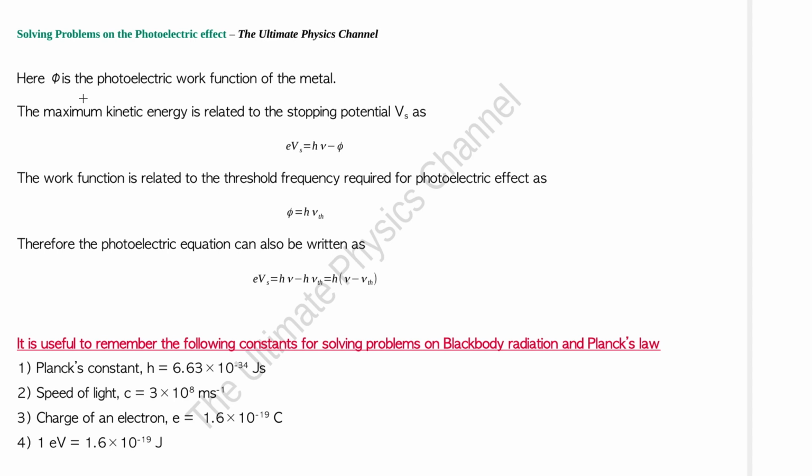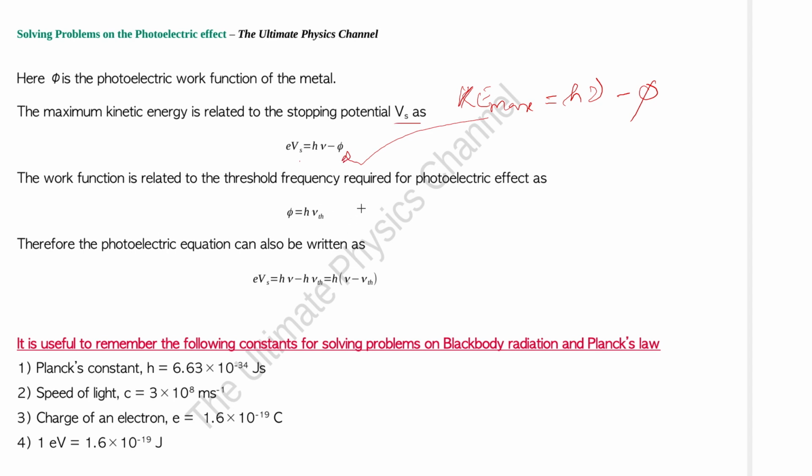The maximum kinetic energy is related to the stopping potential Vs in photoelectric effect as eVs is equal to h nu minus phi. So we have gone from KE max, the maximum kinetic energy of the photoelectron, equal to h nu minus phi, to here.